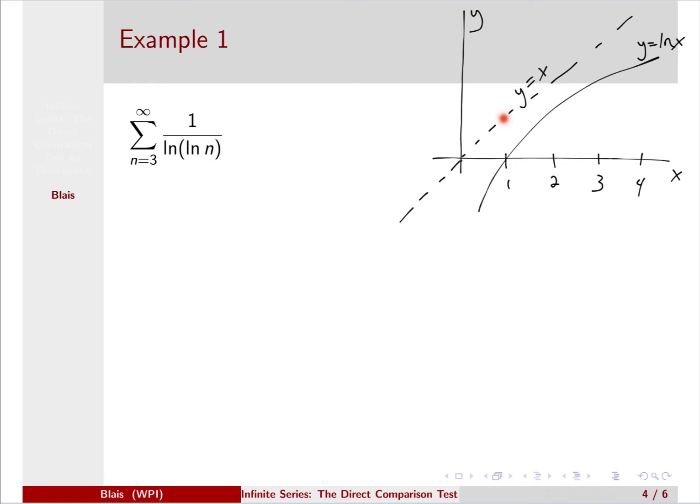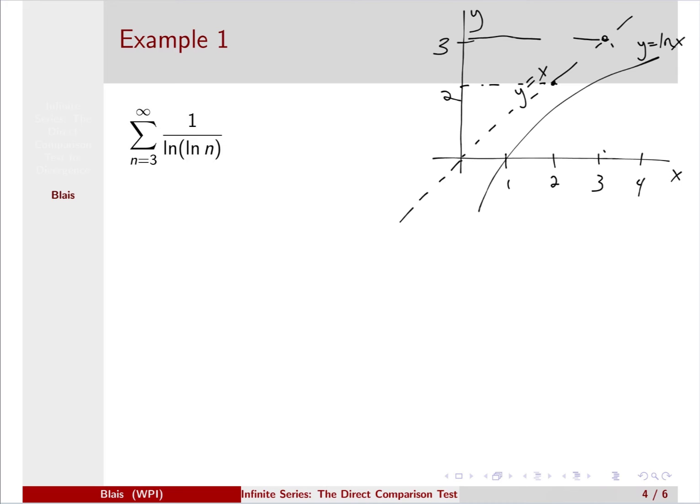So natural log 1 is smaller than 1. Natural log 2, smaller than 2. Natural log 3, smaller than 3. So natural log of x is smaller than x for all x positive.